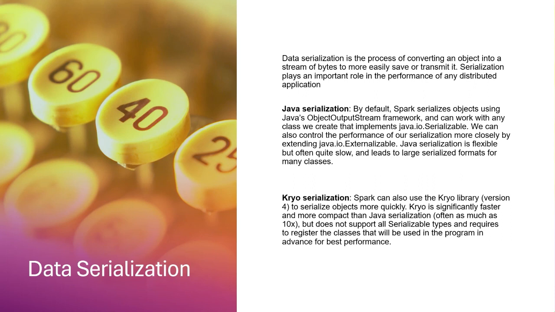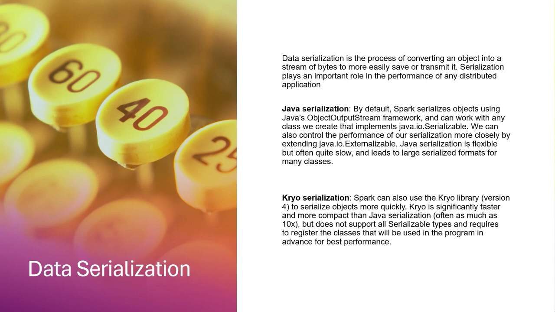Now the other alternative that we have is Kryo serialization. We can use the Kryo library, which is there since Spark 4. This will help us to serialize objects more quickly. It is significantly faster than Java serialization, and it is claimed, as per documentation, that it is 10x faster. The only limitation that Kryo has is it will not support all serializable types, and it will require us to register the classes that will be used in the program in advance.